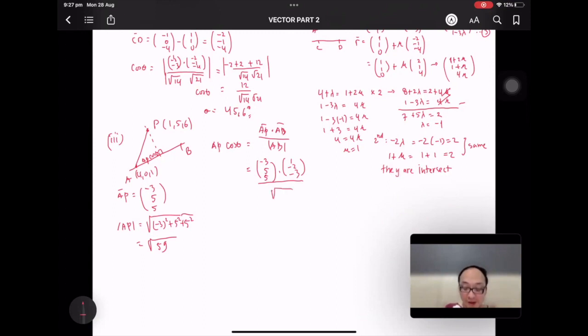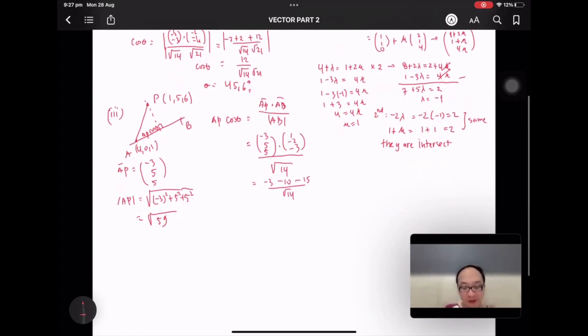So root of 1 plus 4, 5, 5 plus 9, 14. So this equals -3 minus 10 minus 15 over root of 14, which is -28 over root of 14. Since the projection is a scalar, we don't have the negative, so we take the absolute value. So it's 28 over root of 14.